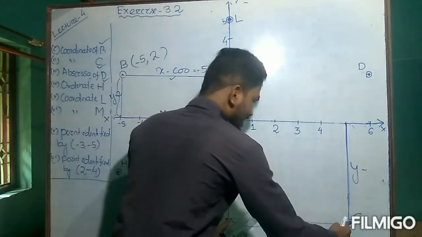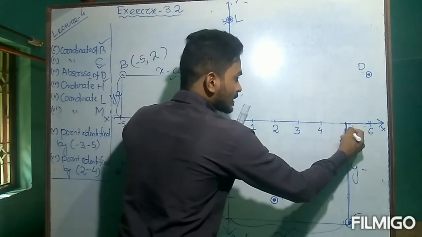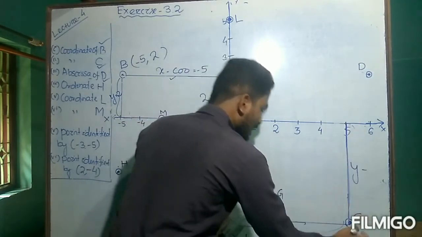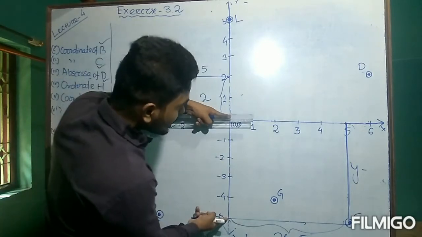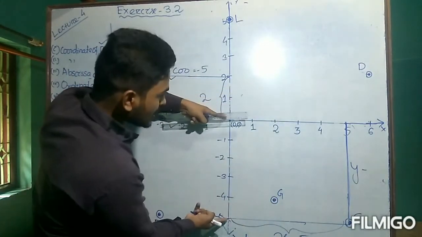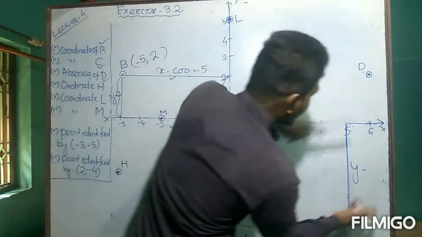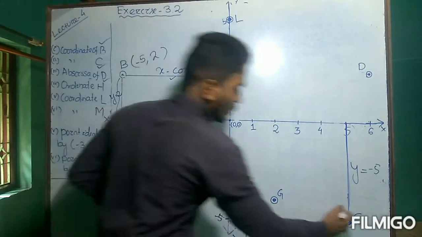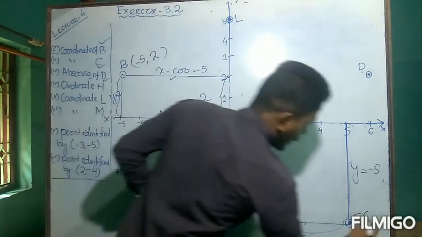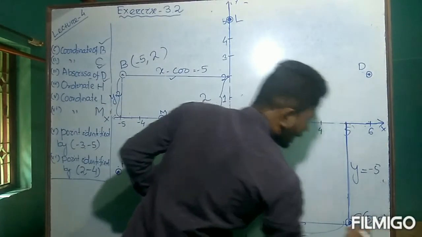Now it is equal to this distance. Since it is 5 units, the x coordinate is 5 units, and this distance is equal to this distance. Since it is minus 5, the y coordinate is minus 5. So hence you write the coordinate of the point C is 5 and minus 5.